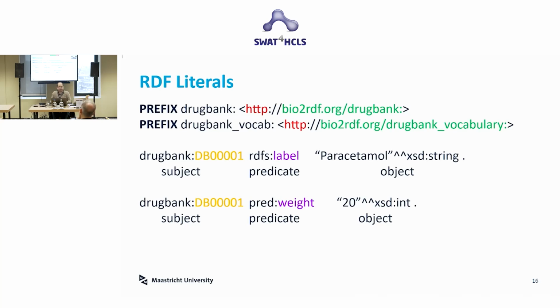So a third triple, where we're using the term weight, I'm referring here to the molecular weight of that chemical entity, and I'm saying here 20. We know that this is wrong, like there is no chemical information here, but it's just to show you an example of using a number with an integer. And because weight is a property, we know that it should be expressed as a number.